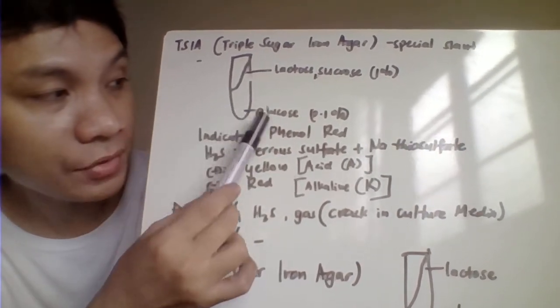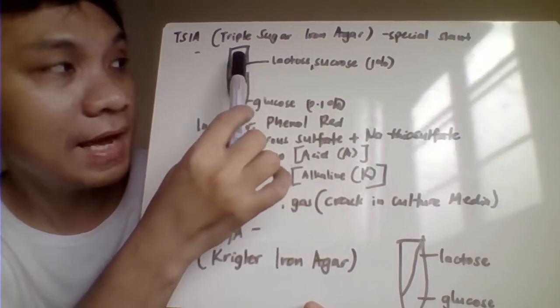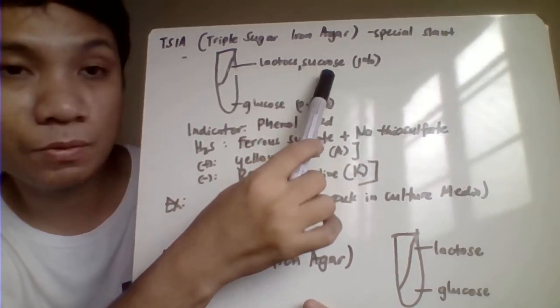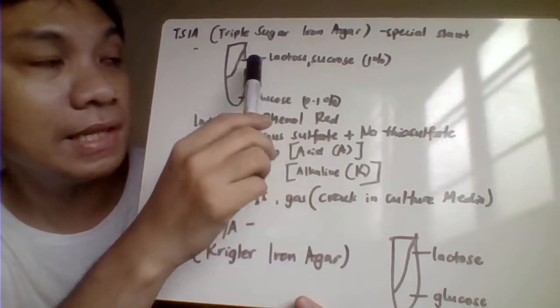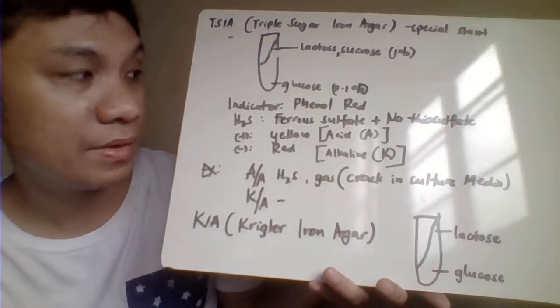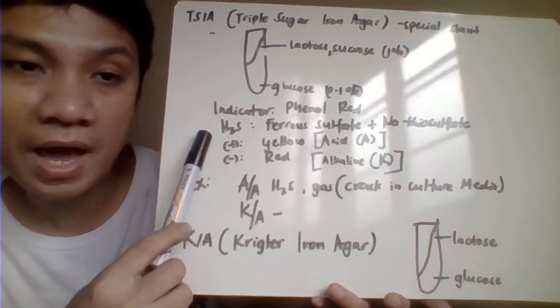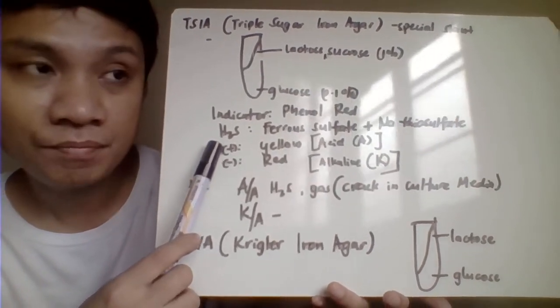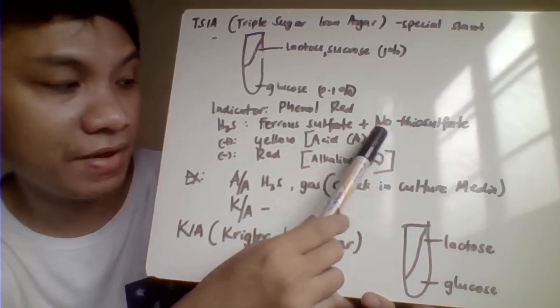The butt area contains the glucose at a concentration of 0.1%, and the slant area contains the lactose and the sucrose. That's why it gives three sugars. But the lactose and sucrose in the slant area will have a concentration of 1%. Indicator used here is your phenol red, and H2S production is detected by the addition of your ferrous sulfate plus your sodium thiosulfate.